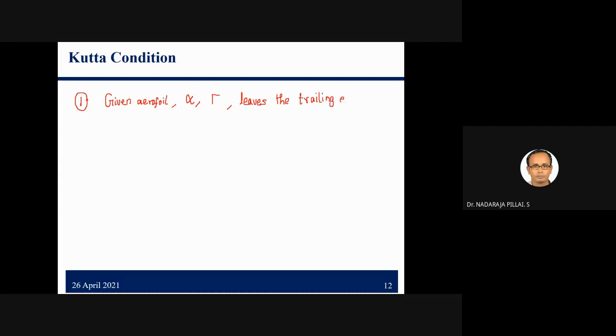That is, for a given airfoil at a given angle of attack, the value of gamma around the airfoil is such that the flow leaves the trailing edge smoothly. That is the first Kutta condition.